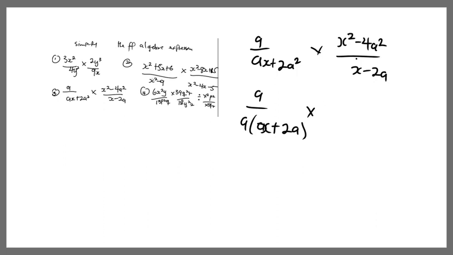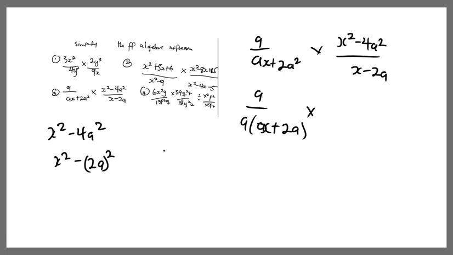times, okay, for this particular one, what can we do about it? We have x squared minus 4a squared. So definitely difference of two squares. You can do that one somewhere in your jotter. x squared minus 4a squared is the same as x squared minus 2a all squared.